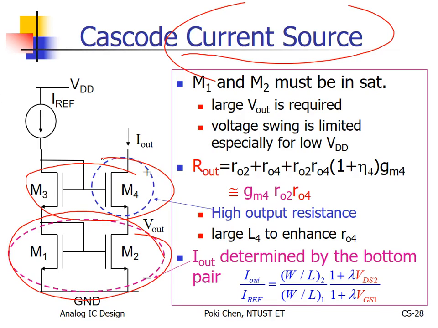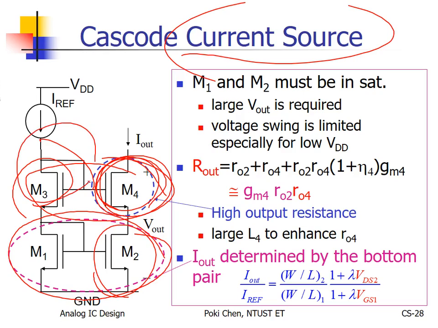Again, M1 for M4 for cascoding. How about M3 to provide bias for M4? That's it. Okay, so we call it self-bias, self-bias. The easiest way for self-biasing is to apply diode connection, to connect it just like a diode I mentioned already. Okay, that's it.